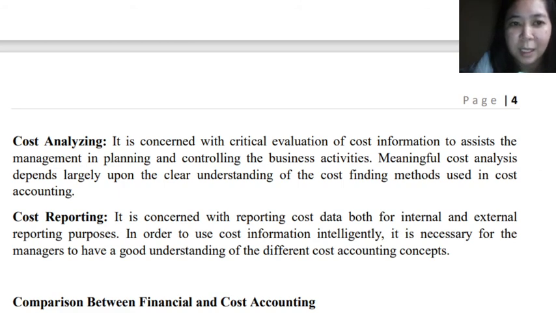Actually, if we rearrange these activities, cost reporting should come first before cost analyzing. But cost analyzing can also go ahead of cost reporting, because in the actual field, the cost accountant will initially issue the cost reports, and then they will discuss it together with the management.